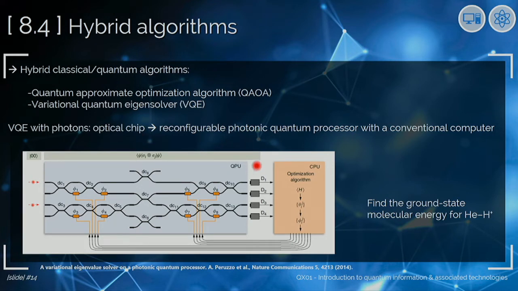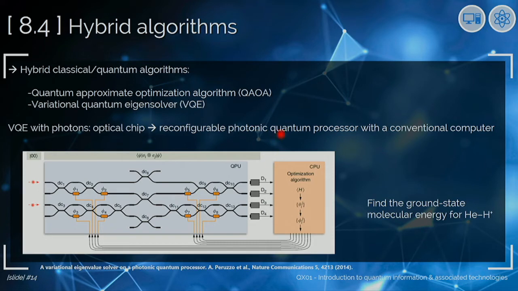The CPU gives information to the QPU, the quantum processor unit, on what to do next, to change the calculation so that the output gets closer to the problem we want to solve. We do a loop like this until we converge to the result we want.